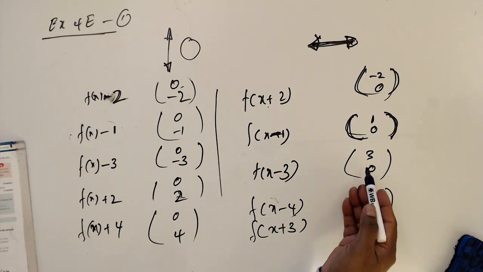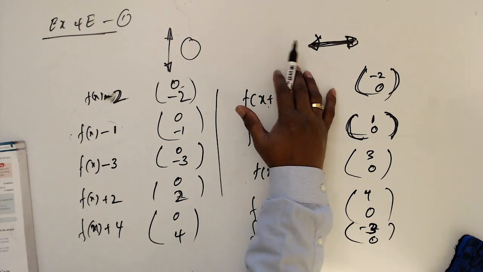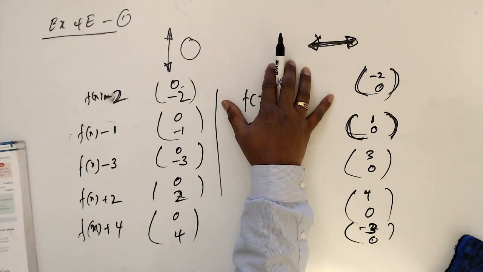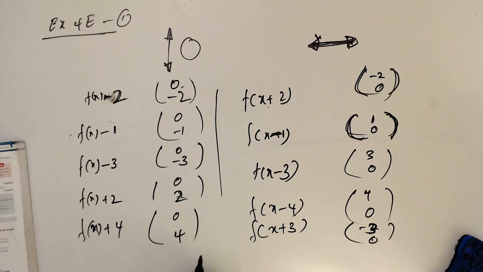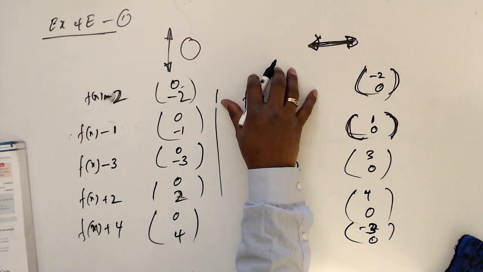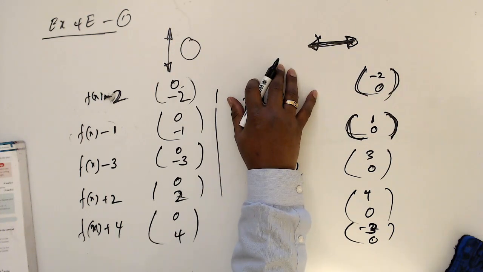Now, another example. When you look at the translation, you can see (3, 0). (3, 0) means you are shifting the curve by 3. Then in the bracket, you should expect not plus, but minus. And if you shift left by (minus 2, 0), you bring it 2 to the left.